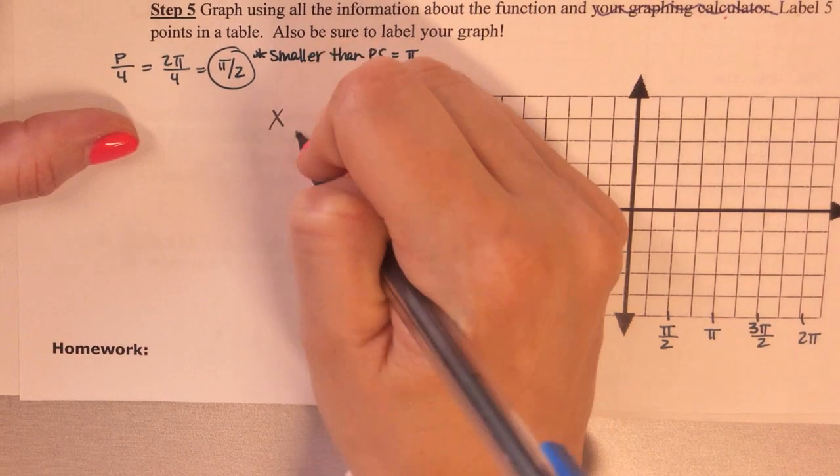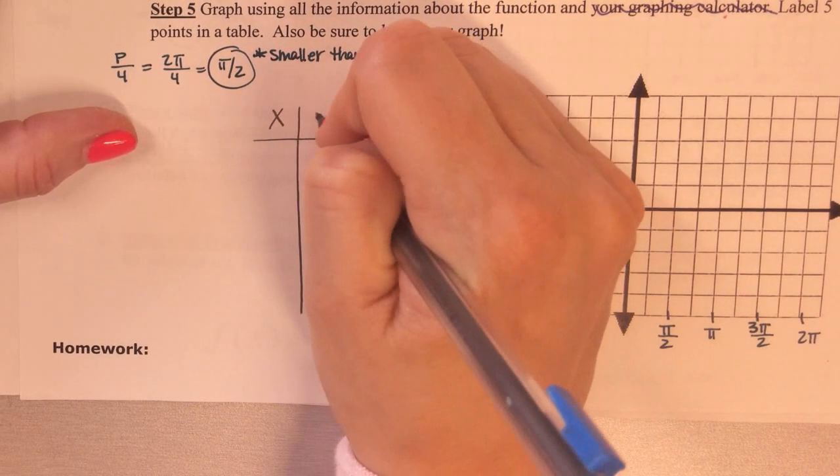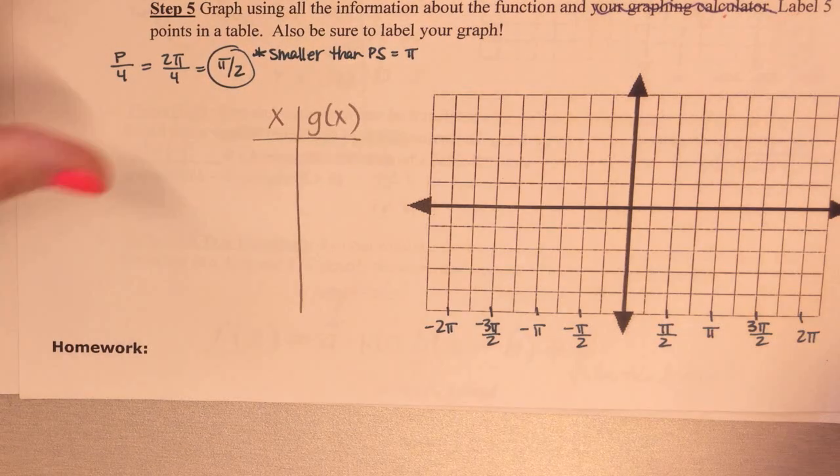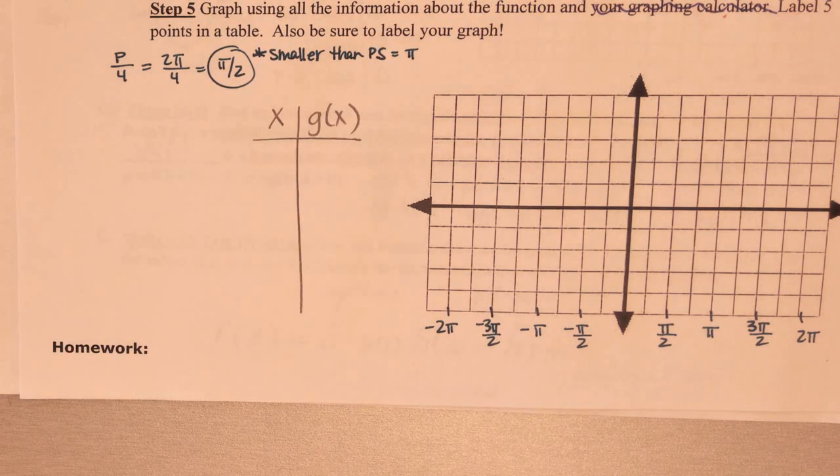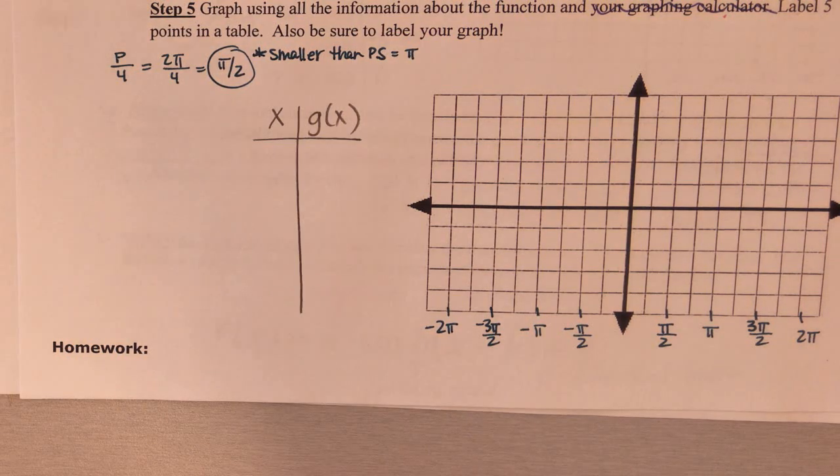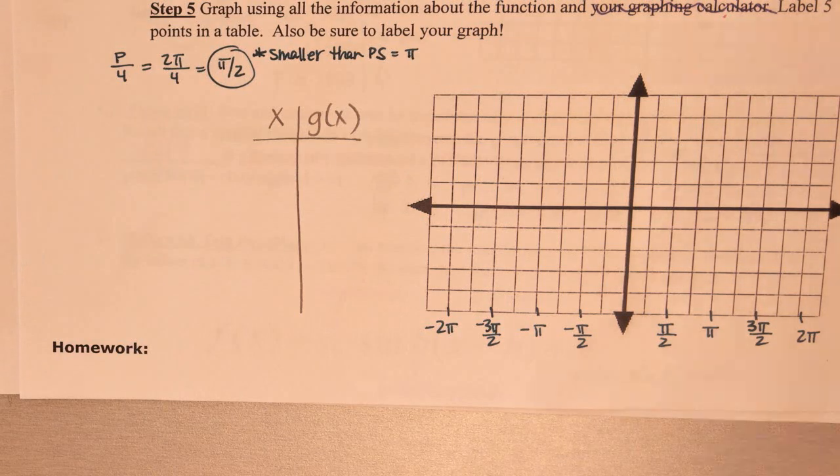Alright, so now we're going to do our table. So we have x, and then we have g of x. When we do that, we are going to start at the same place that we did last time. So we have to start at the what? Yes, great.